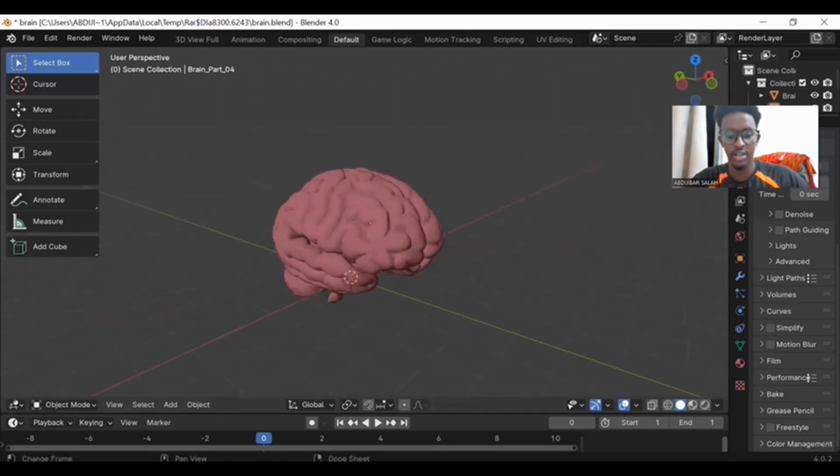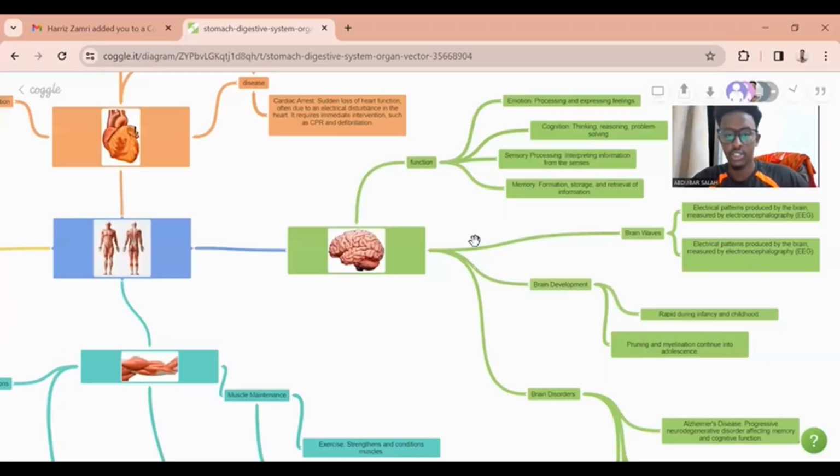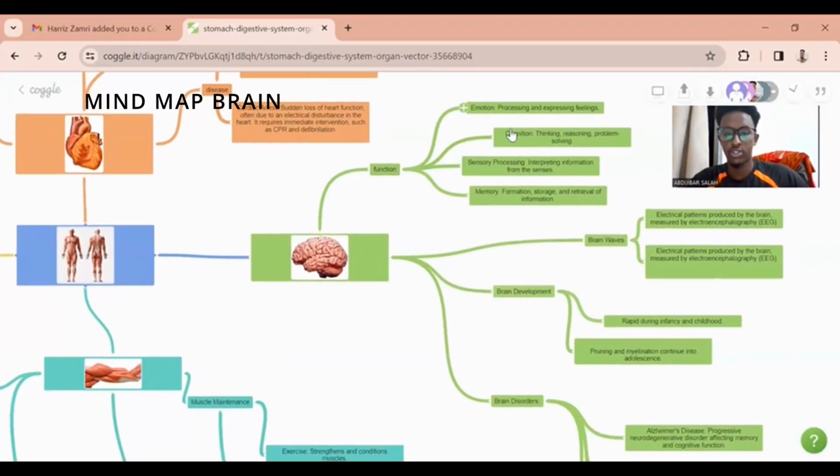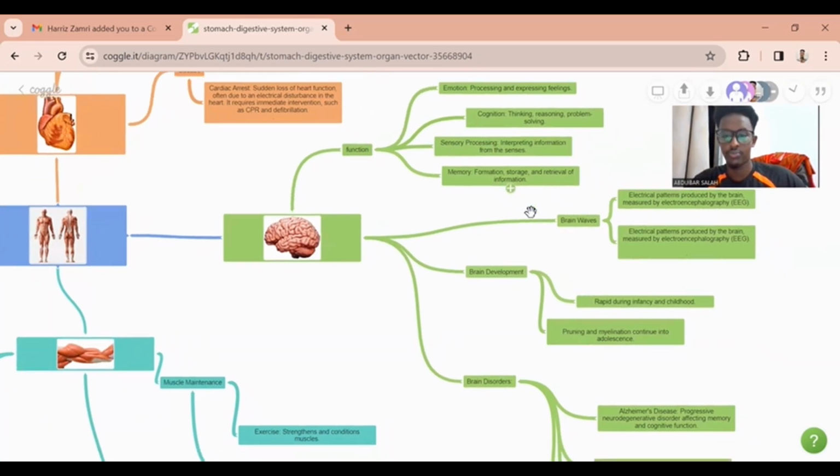The second is the function of the brain. Emotion: processing and expressing feeling. Cognition: thinking, reason, and problem solving. Sensory processing: interpreting information from the senses. Memory: formation, storage, and retrieval of information.